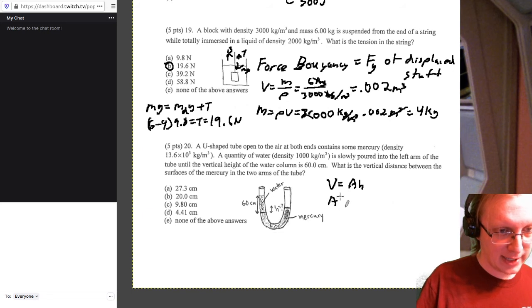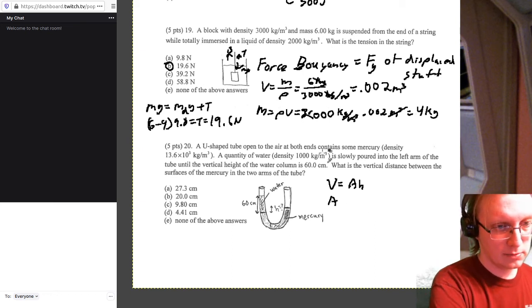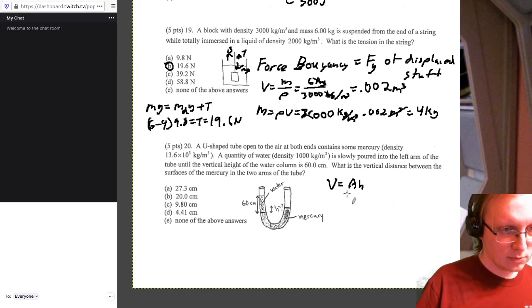So we have area times height times density of water is equal to area times height times density of mercury.